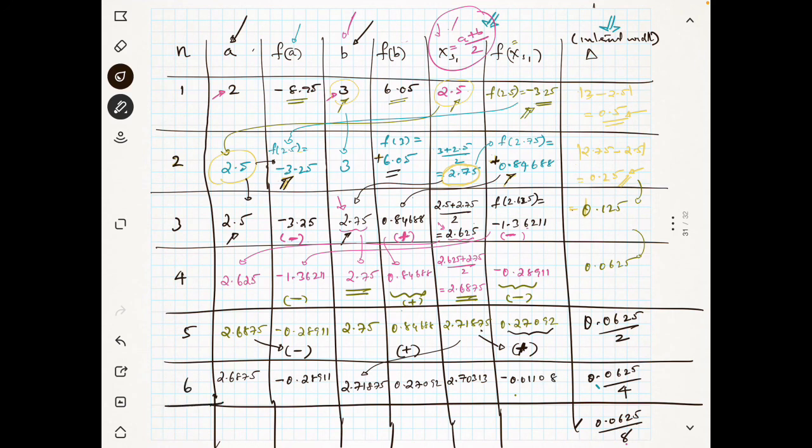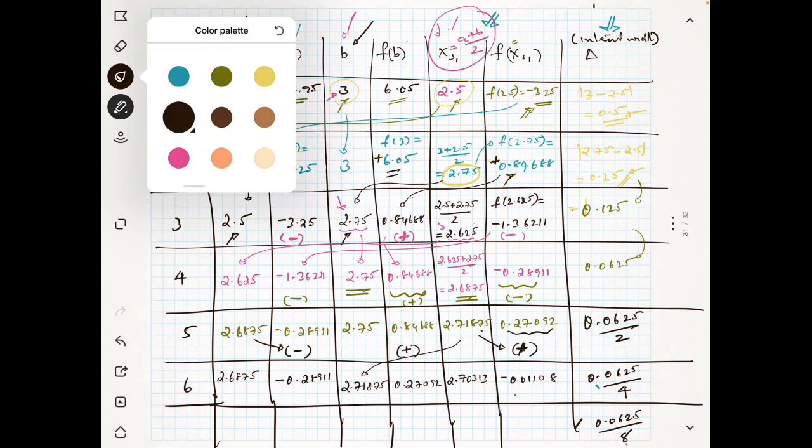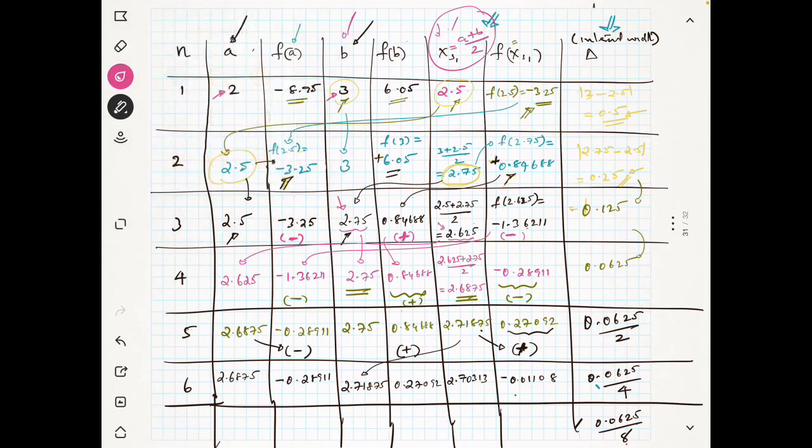So this is 6. Okay, now you see what is the situation. Now you see here this is negative, and we will see the function value which is positive, and this is negative. So definitely if I compare this with B, the solution is between B and the new point. But if I compare with the old A, the solution is not lying there.